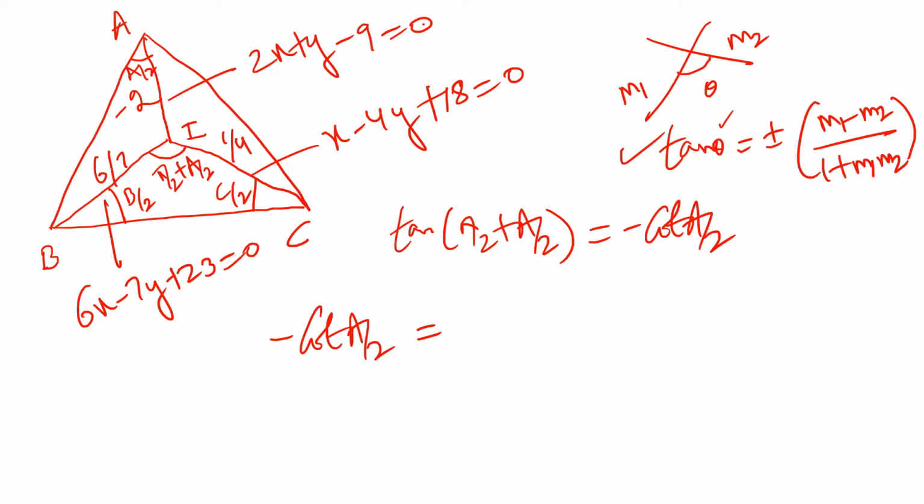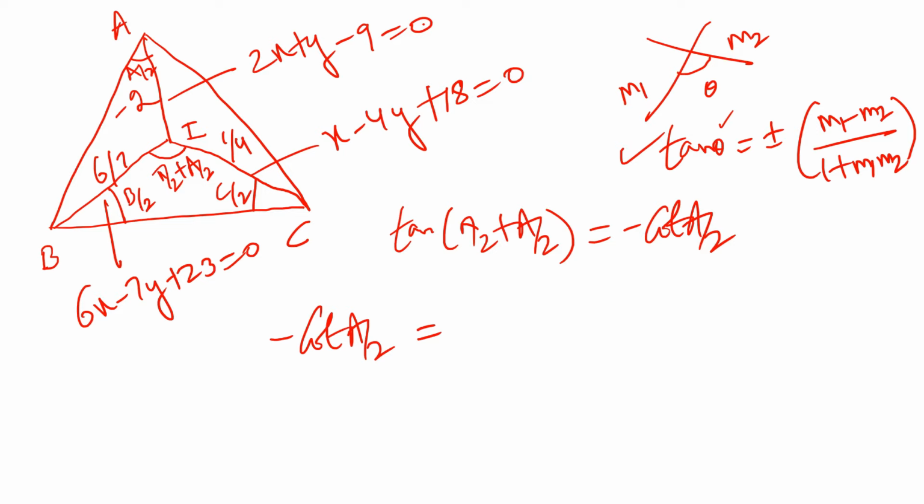So cot of A/2 has to be positive, minus cot A/2 has to be negative, right? So what I'm going to do, first of all, I'm finding the value of the expression (m1 minus m2) upon (1 plus m1 m2), and after that I will be just attaching the sign plus or minus so that the final value comes out to be negative.